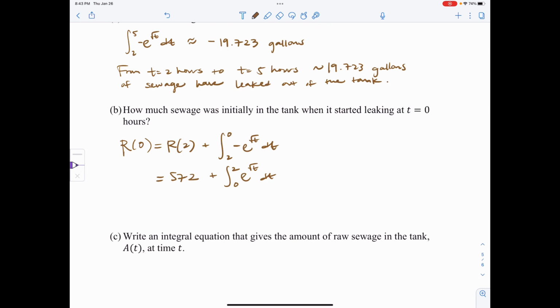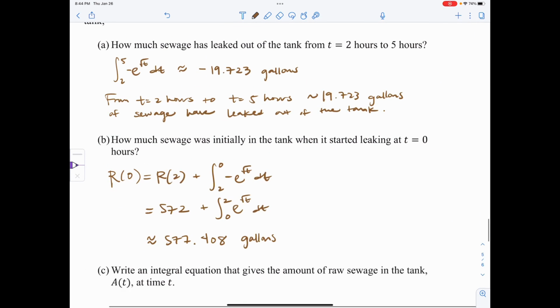And typing that into the calculator, since we are calculator active. All right, I got approximately 577.408 gallons of raw sewage.